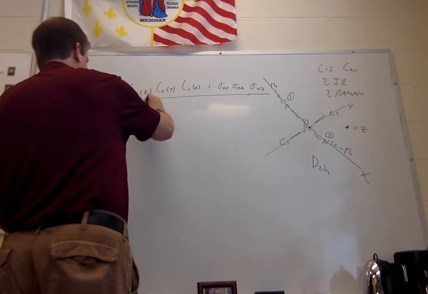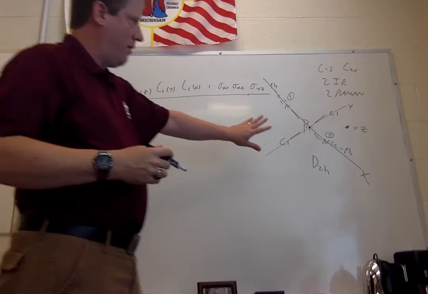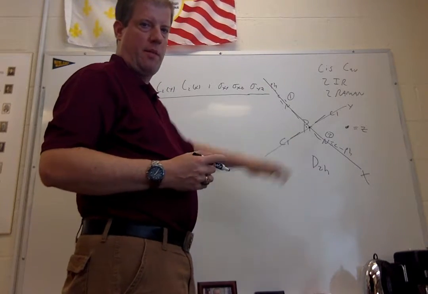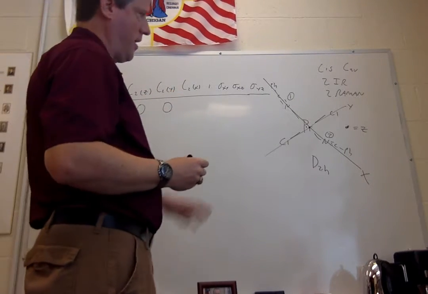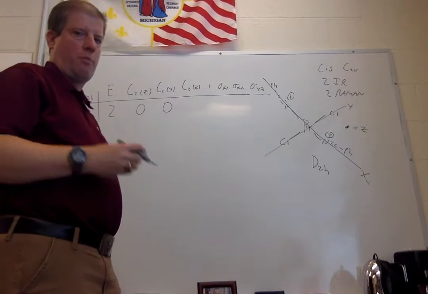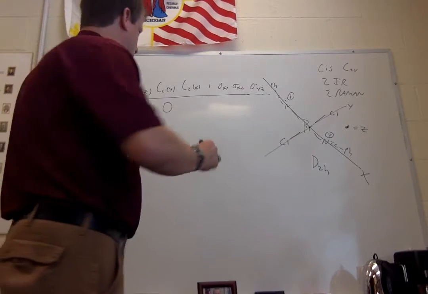And so that's a big 0 for that one. If I rotate about the y-axis, again, 2 and 1 change place. 0 there. However, since the x-axis contains both of these groups, rotating about it leaves them where they were.